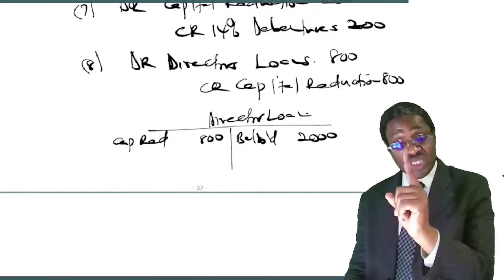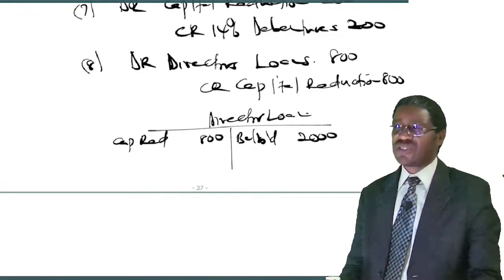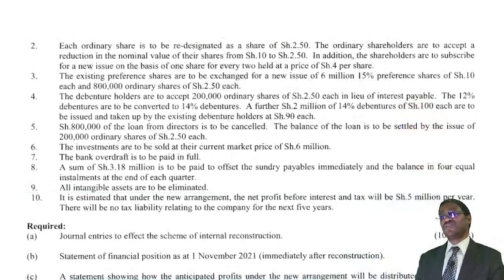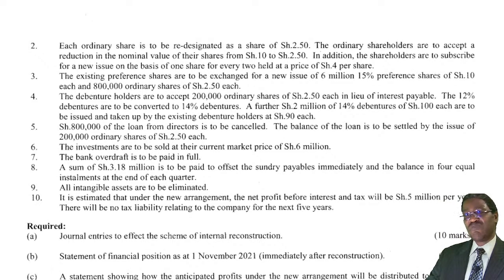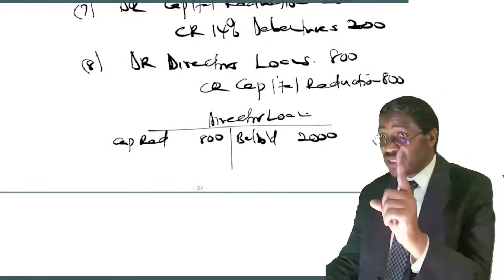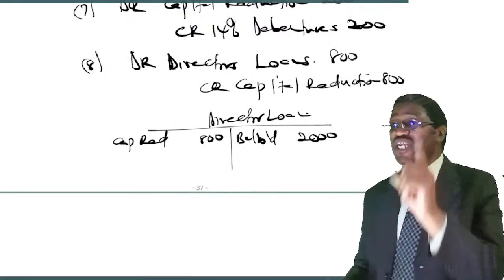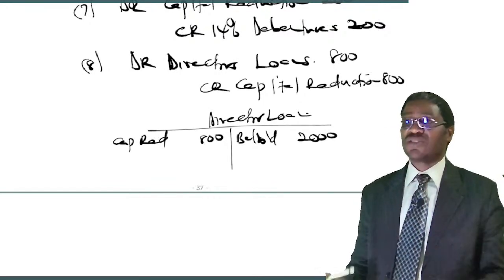Then the question is saying, the balance of the loan is to be settled by issue of 200,000 ordinary shares of 2.5. So we are issuing ordinary shares worth how much?